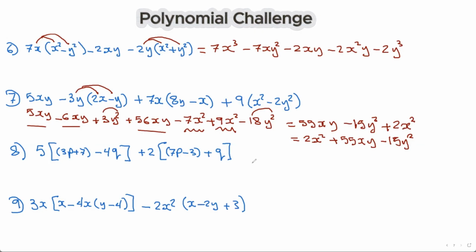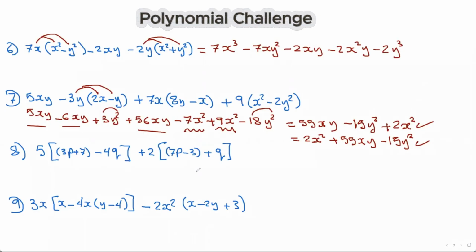So it doesn't matter. These two are correct. Here I'm just changing the order, but you don't have to do that. I'm just trying to explain to you, it doesn't matter what order you put these in, as long as the sign stays the same. So the 15y squared has a negative in front of it, so you make sure it's a negative in front of it.